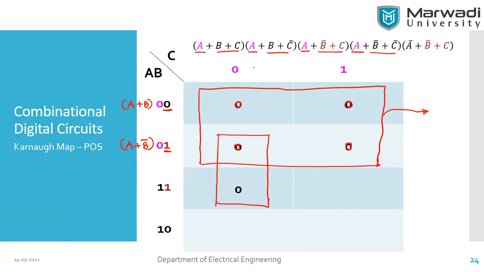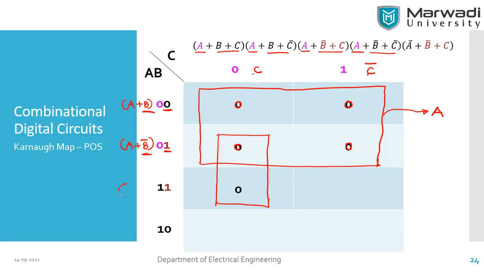Here we have C, and here we have C bar. So C and C bar both are covered. That means they will be eliminated. And B and B bar both are covered. So that will be eliminated. So now you have A. Okay. You are left with A. Understand my point?